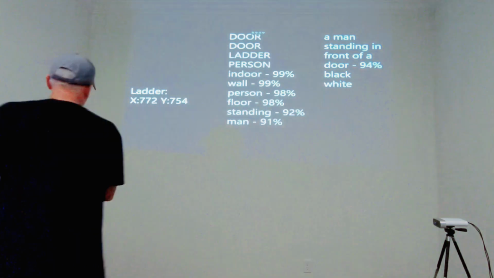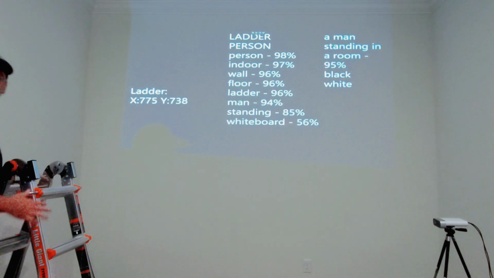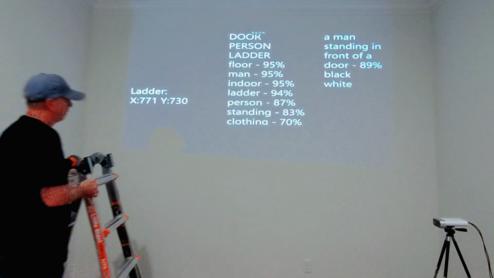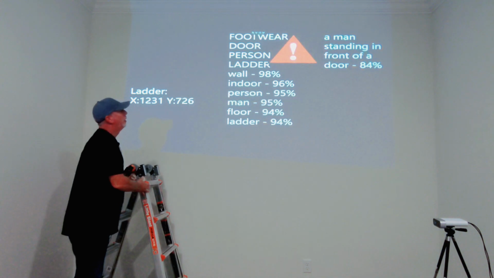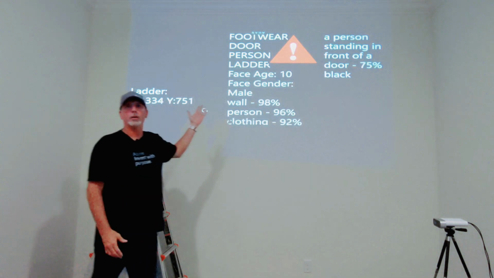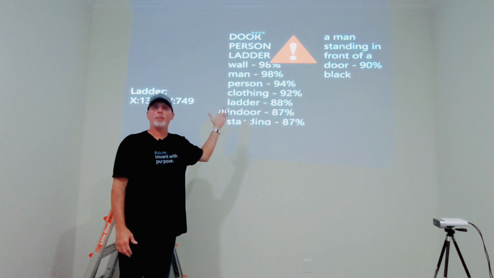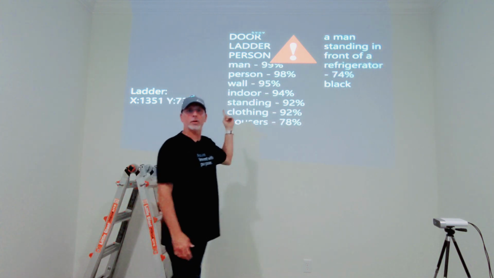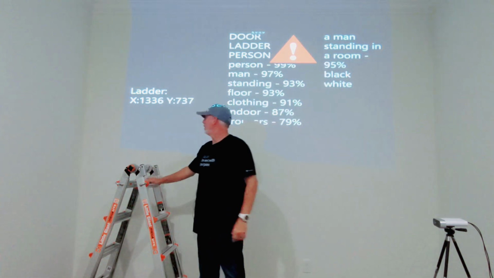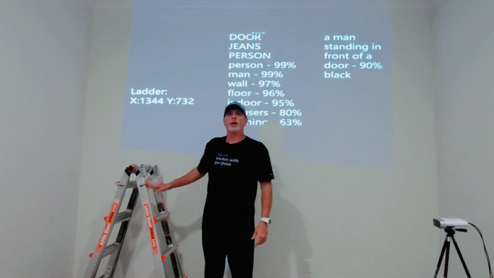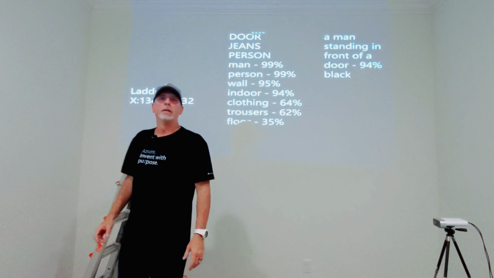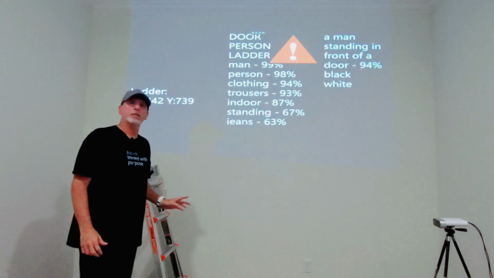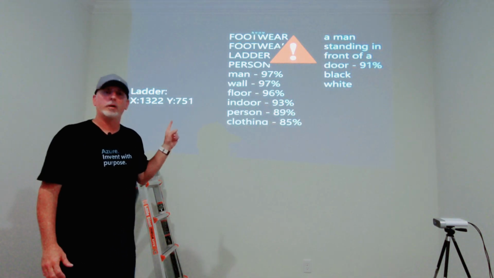If you watch this ladder, I'm off the screen, but I'm going to move it this way closer to the wall. Oh, and look, yes, I programmed it to send me an alert if it got within a certain amount of coordinates.